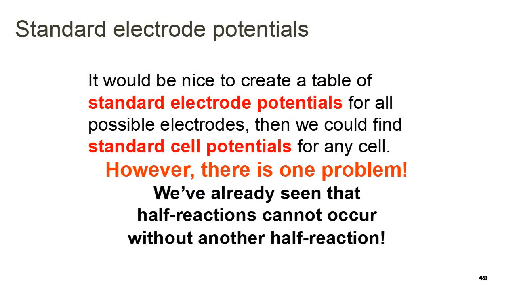It's worthwhile to create a table of standard electrode potentials for all possible electrodes. Then we could find standard cell potentials for any cell. However, there is one problem. We've already seen that half reactions cannot occur without another half reaction.